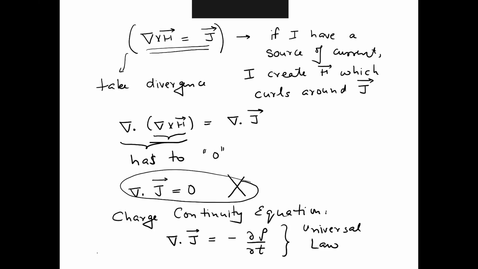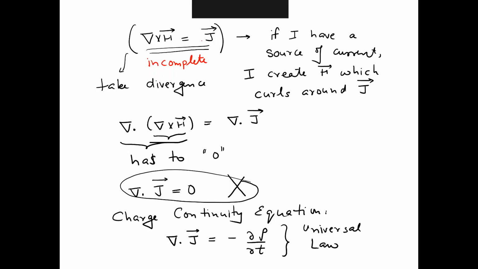So Maxwell said that this equation here is incomplete. This equation doesn't tell us about the whole nature of the electric and magnetic fields. So there is something missing in this equation. Let's find out what is that equation.